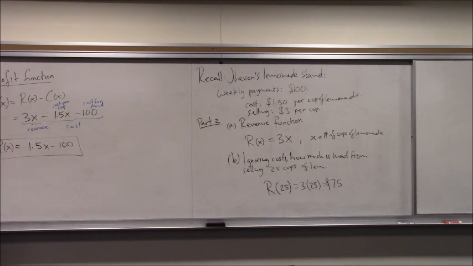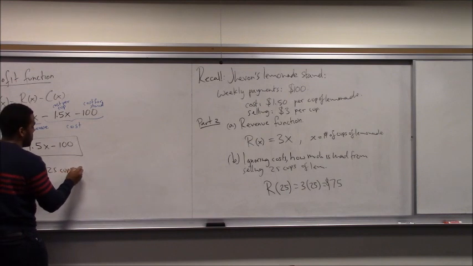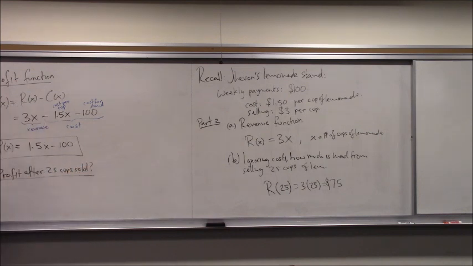Okay, so what is the profit after 25 cups sold? How'd you get that? Yeah, so you can combine 3x and 1.5x. You're going to go to the profit function and plug in 25.